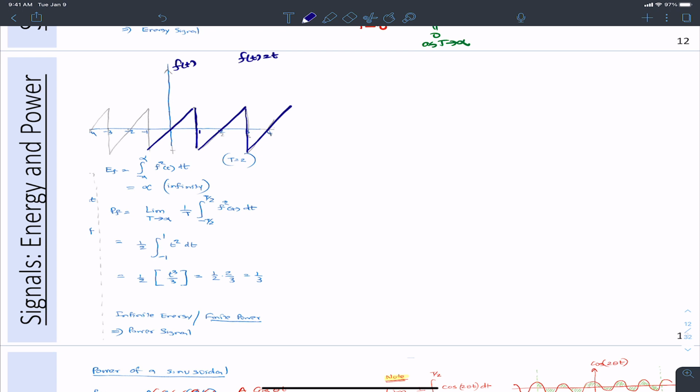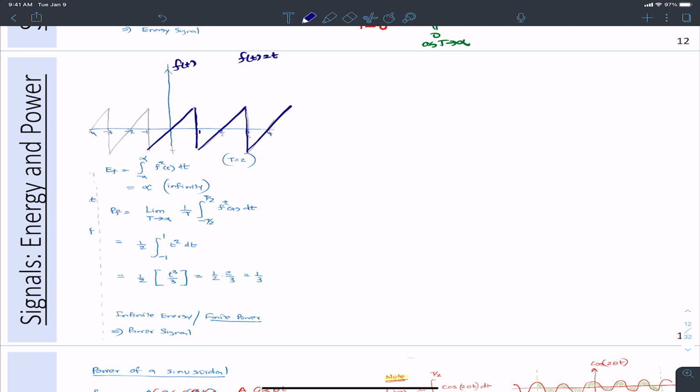So the energy of the signal is the integral from minus infinity to infinity of f(t) squared dt. That's the definition. This is the same as computing it from -1 to 1, and then that is going to repeat infinite times.